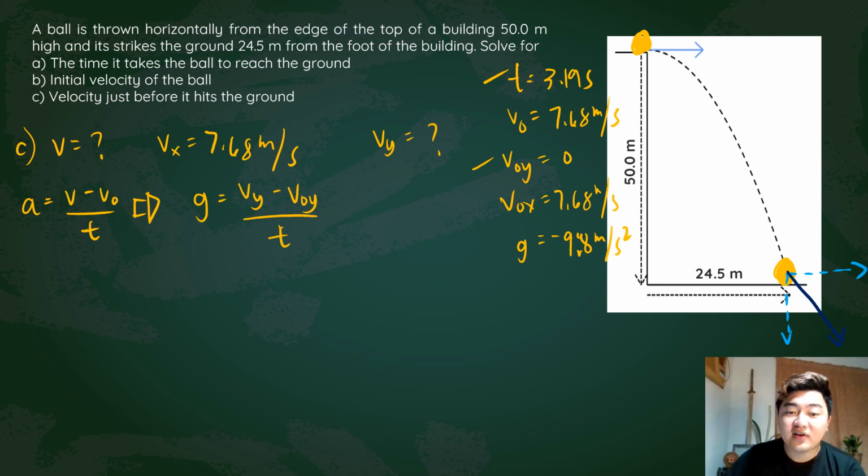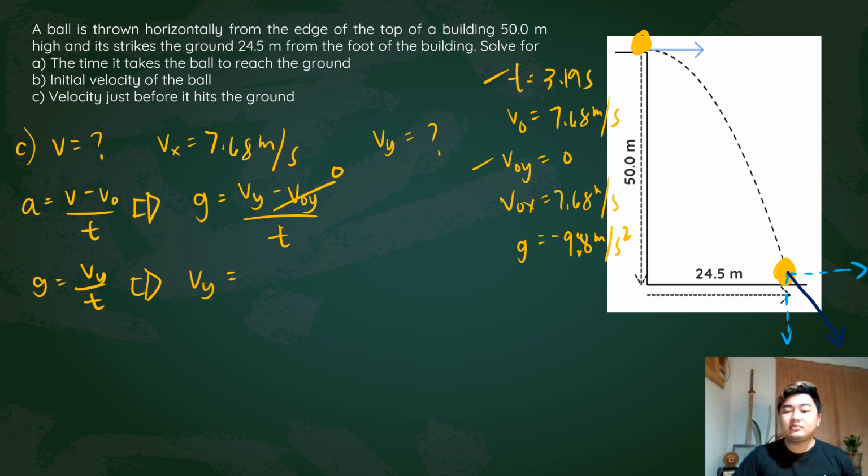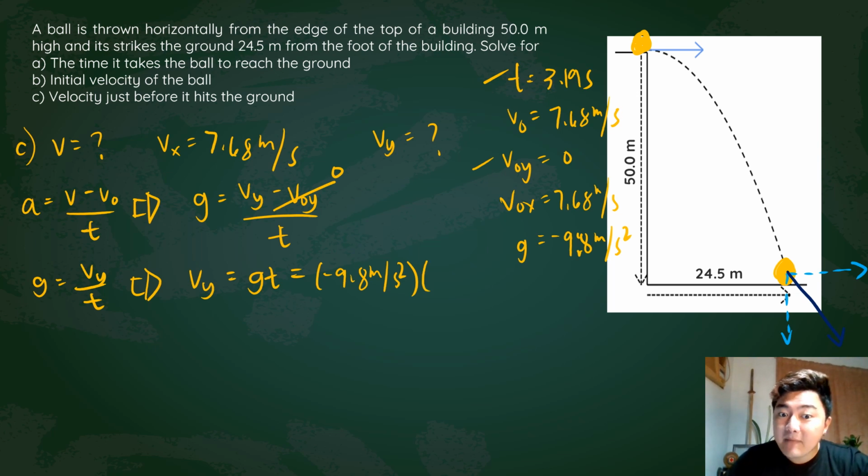Now, since the initial velocity in y is 0, then you're left with g is equal to the final velocity over time. So to solve for the final velocity, rearranging your equation, we get the final velocity in y is equal to g times time. Substituting your values, that's negative 9.8 meters per second squared times the time, which is 3.19 seconds.